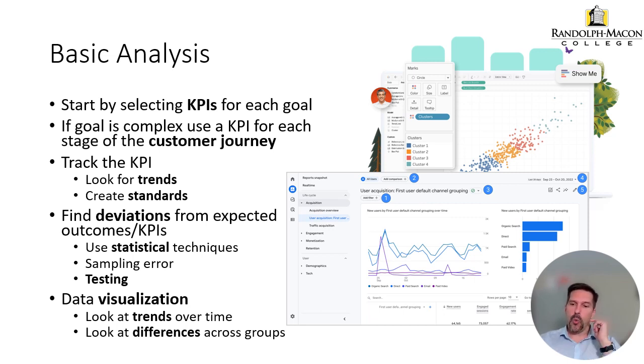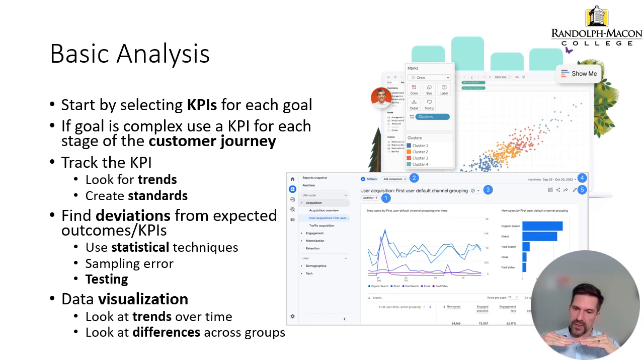Good. Now, what do you do? You track these metrics over time and across audiences, right? And you need to have some way of benchmarking these KPIs, where you have an idea of what is normal, what is the standard, what you should expect, right? Because what we're going to try to do is see whether the actions that we undertake, like for example, a new advertising campaign online, in a certain page, right, move the needle.